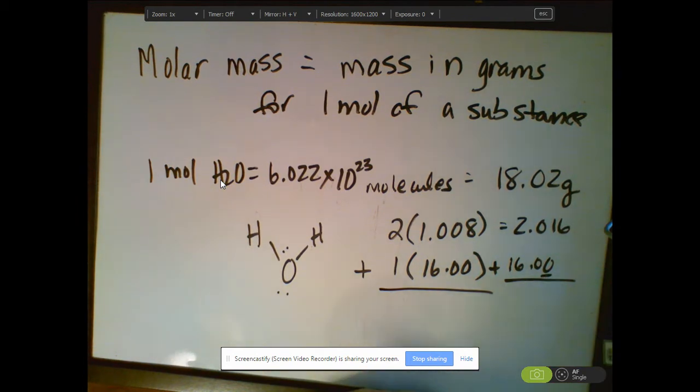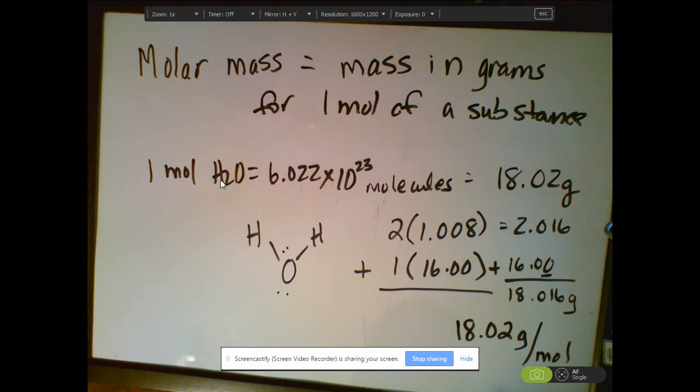Because the 16.00 ends 2 to the right of the decimal, it's less accurately measured than the value for hydrogen's molar mass. So although your calculator would tell you it's in fact 18.016 grams, we would round and say water's molar mass is 18.02 grams per mole.